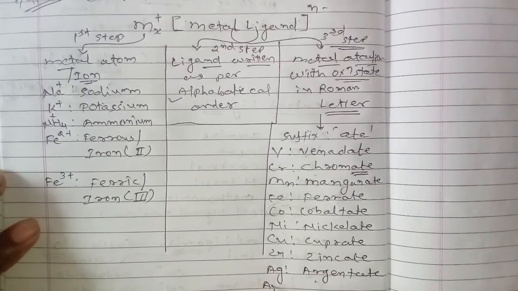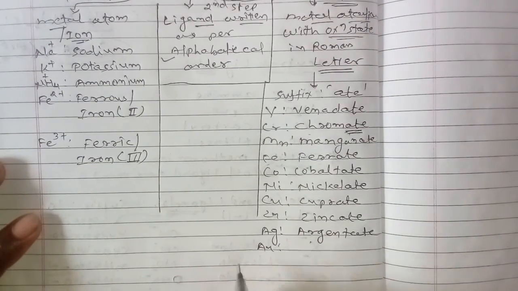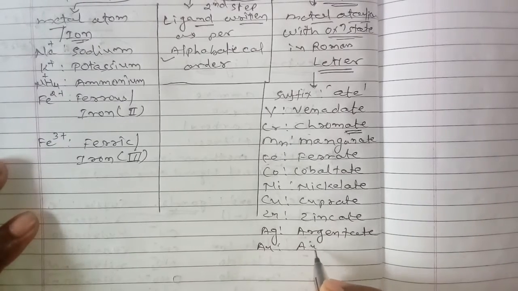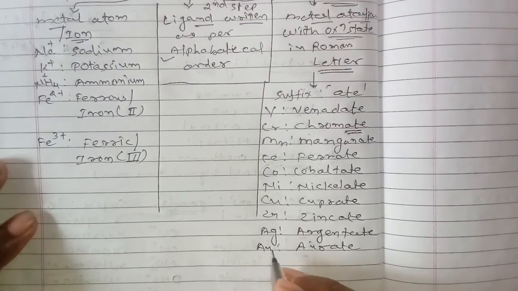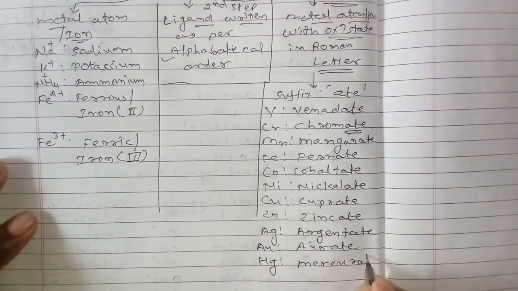Au is gold, or its name is aurum, but it is written as aurate, and Hg for mercury is written as mercurate.